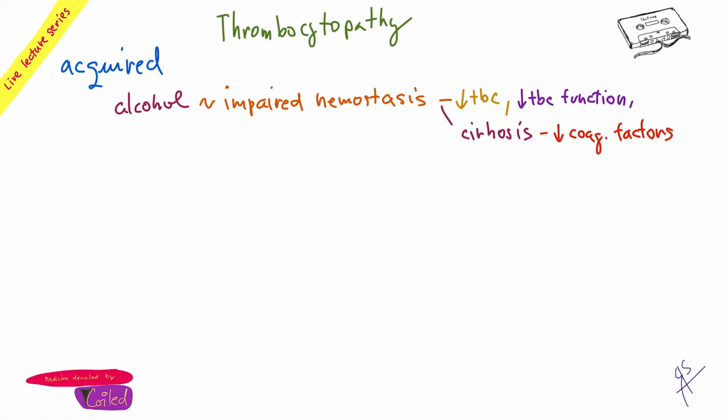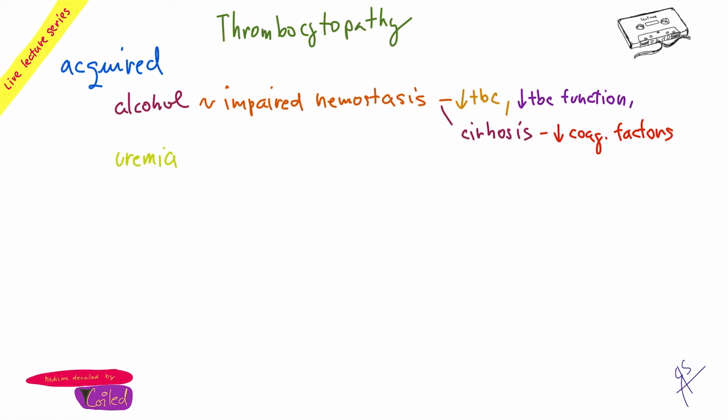So alcohol, obviously. What else? Maybe I already told you. Remember uremia. Every time you are failing with kidneys, if you're chronically failing, you're going to have decreased erythrocytes because you don't have enough erythropoietin.